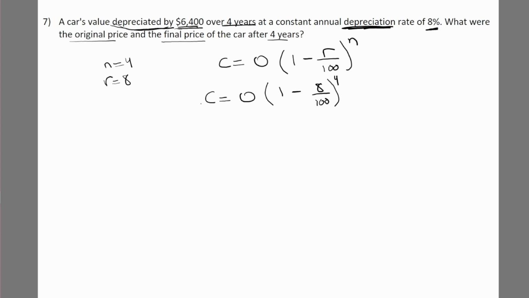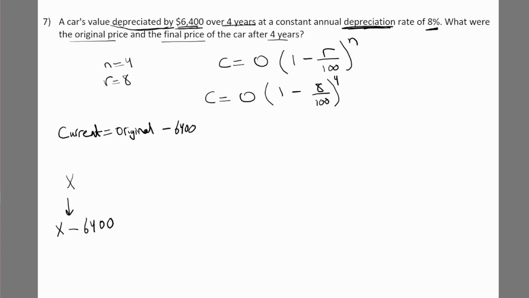We do know the current price is basically going to be the original price minus 6,400, because I know that the car's value decreased by 6,400. Let's say the original value was X. The current value will be X minus 6,400, right? I hope this makes sense.